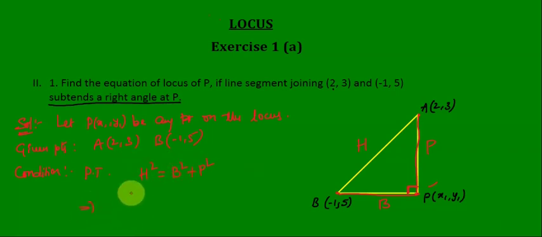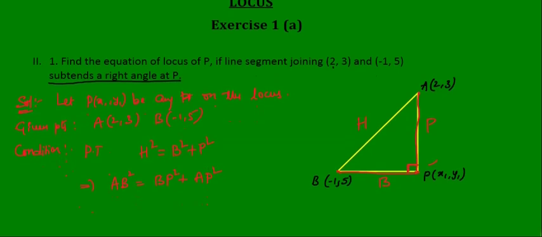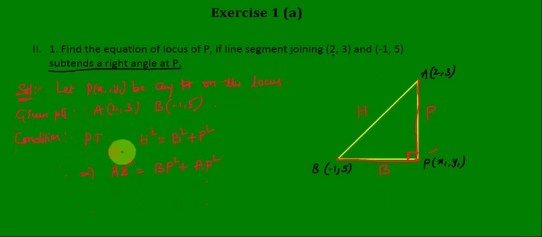So in this diagram, what is hypotenuse square here? Side AB square will be equal to base square, PB square, plus perpendicular square, AP square. Now we'll make use of this condition to find the equation of the locus.